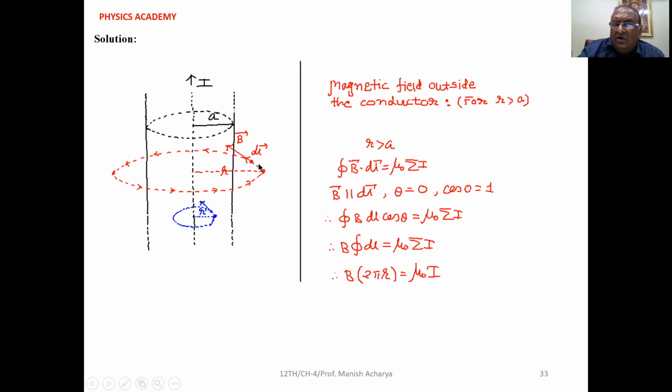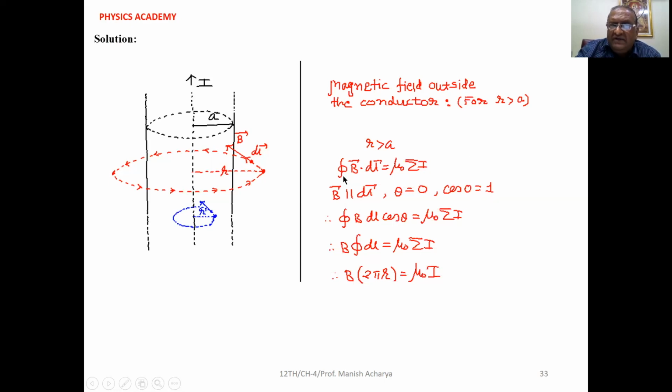Now, on the circumference of the loop, at any point, magnetic field B and the line element dl will be tangential. So B and dl will be parallel. So theta is 0, cos 0 is 1.